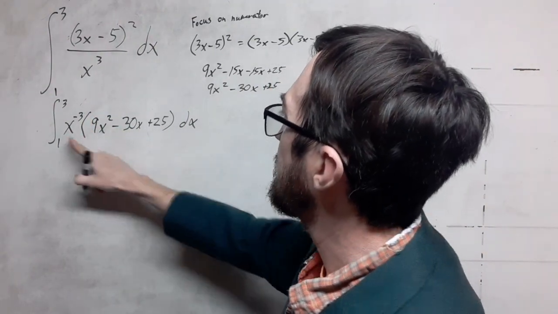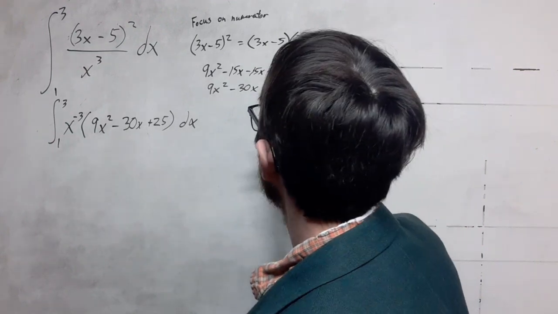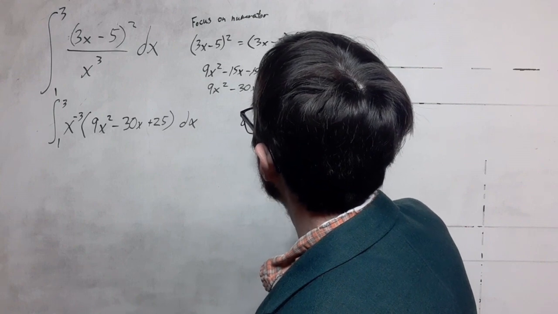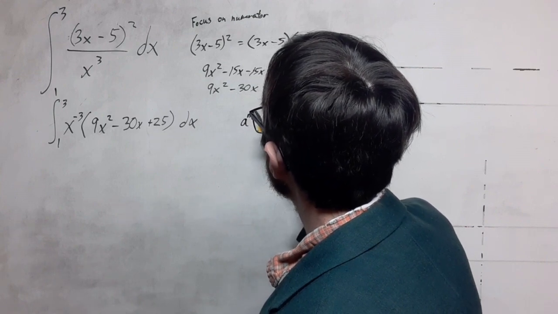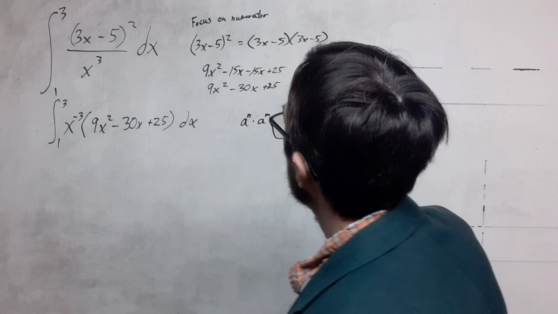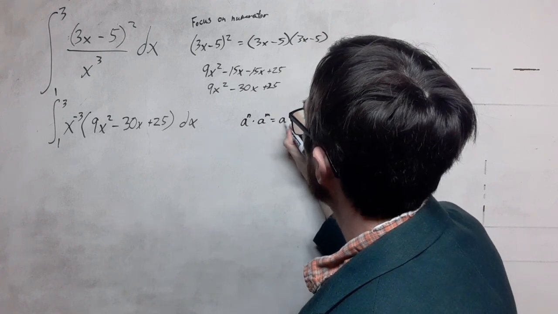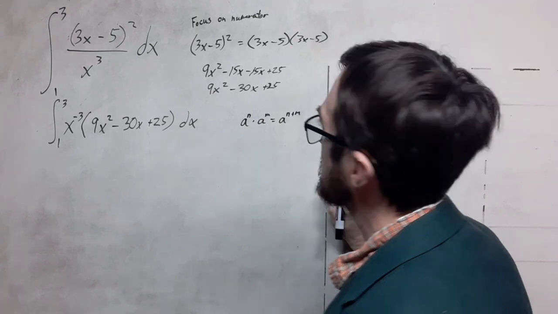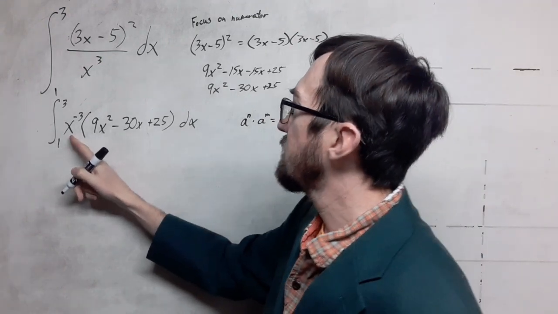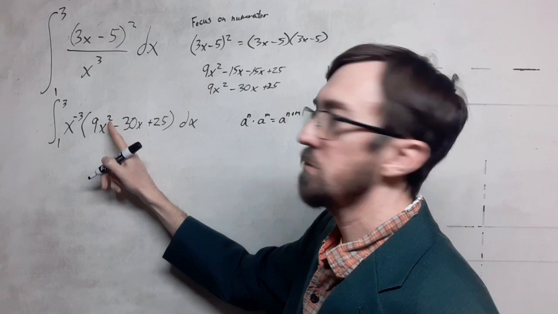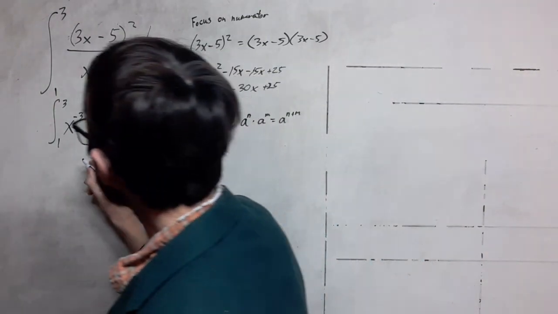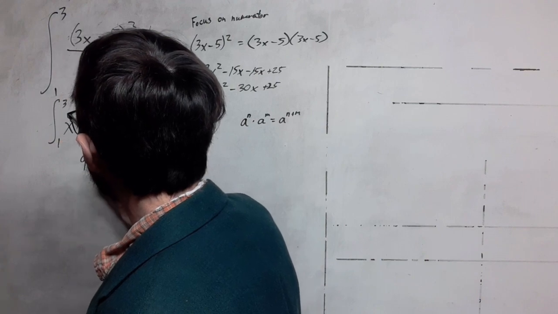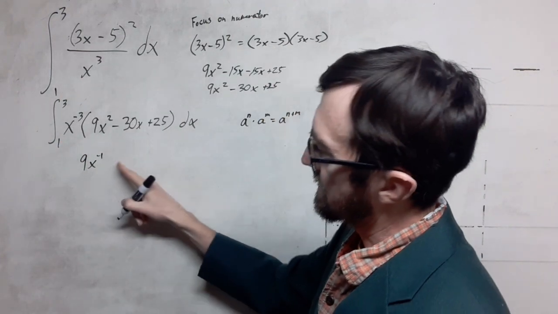And we need to remember the exponent property here, that when we have a base with an exponent times the same base with a separate exponent, to combine those, we are adding these two exponents. So in this case, I'm going to add -3 to the +2. That's going to give us 9 times x to the -1.